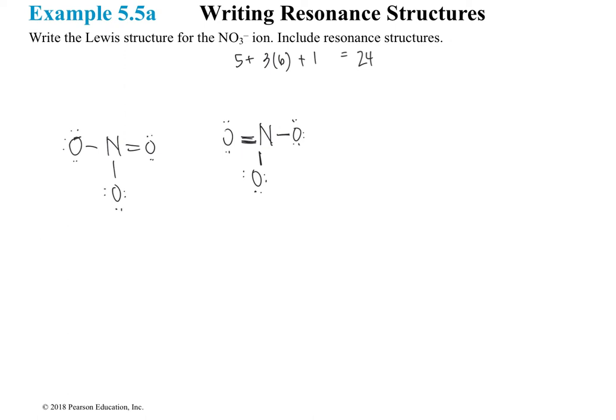So there's another one, and then the last one will be with that double bond through the center one. Pretend that one's not there. And then the resonance hybrid would look something like that, where that double bond is resonating between all of those structures. We won't draw the lone pairs.